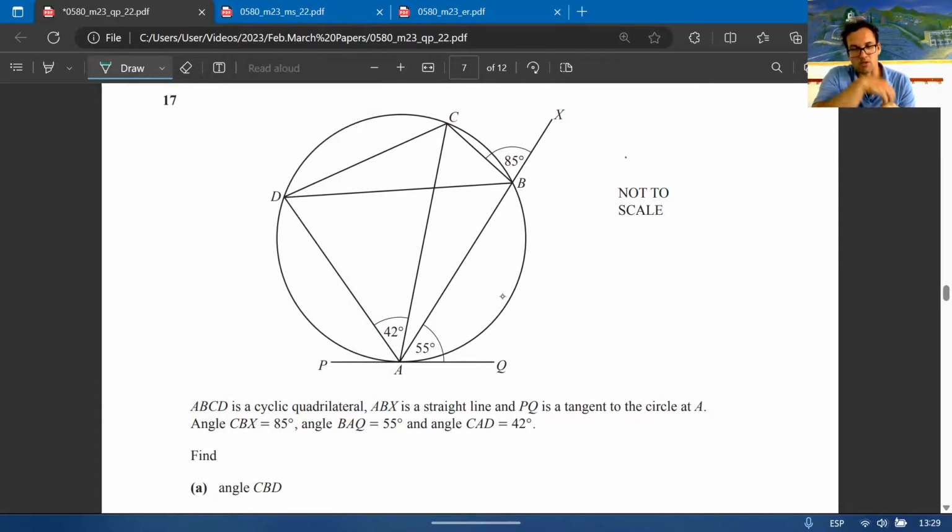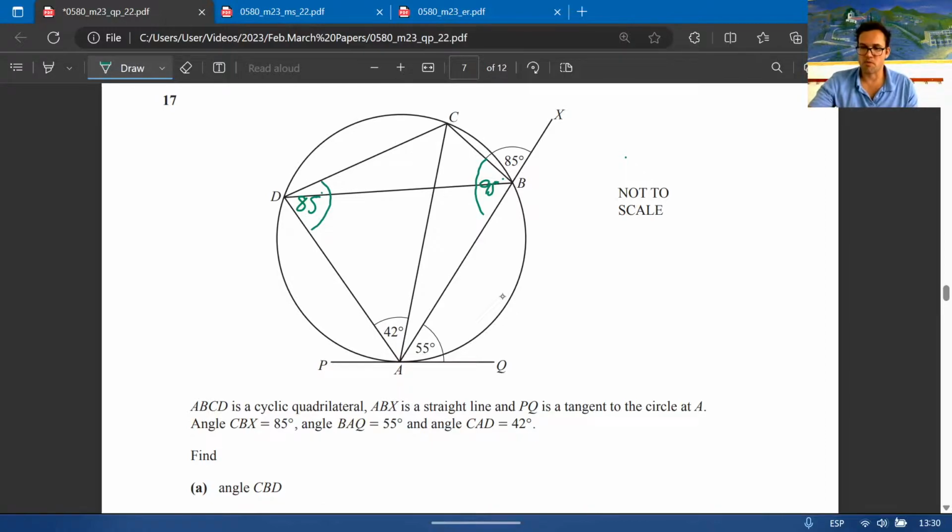Okay, angles on a straight line is of course 180. So that means that this angle here will be 95. Okay, that's angle ABC, 95. All right. Oh, we got that whole angle there. That means that this angle here, okay, opposite angles, cyclic quadrilateral, add up to 180. So this will be 85.